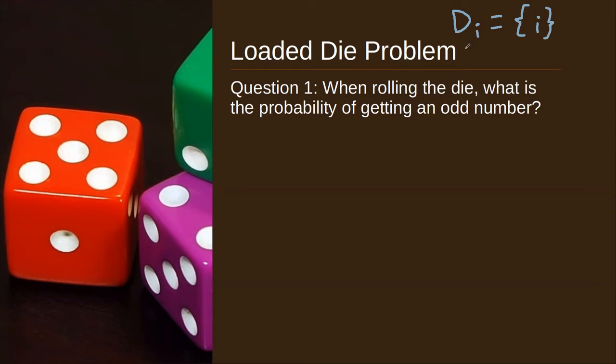In other words, for example, the event d4 is the event that you roll a 4 on this loaded die. Then the event that we're interested in here is the event that you roll an odd number. And from our set theory terminology, we know that that is equal to d1 unioned with d3 unioned with d5, because these are all the odd numbers that you can roll on this die.